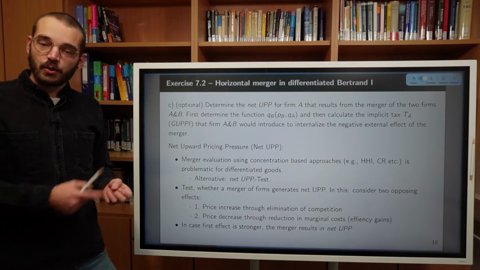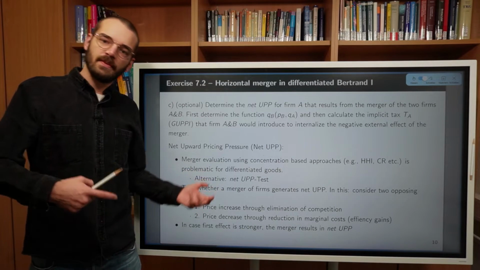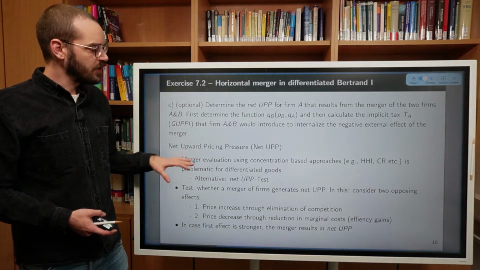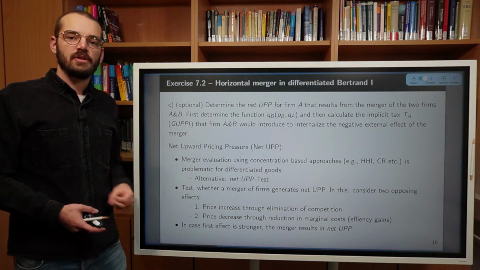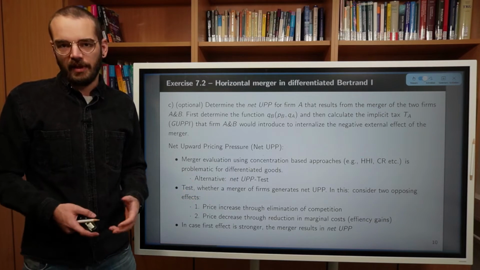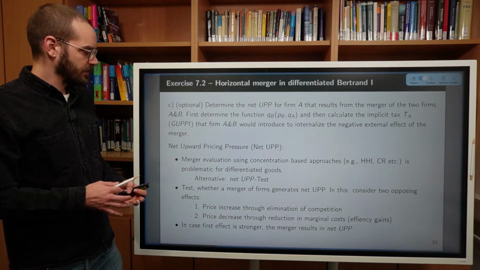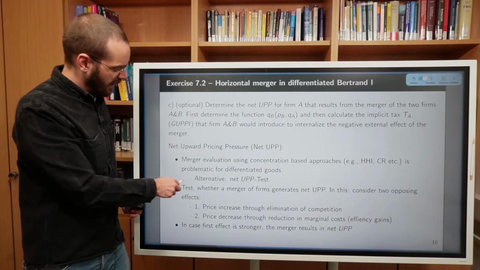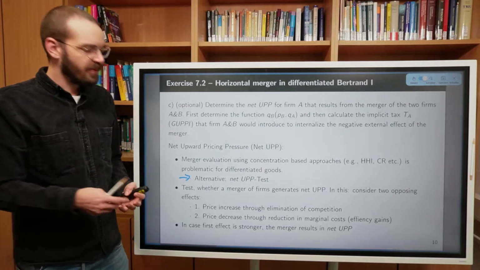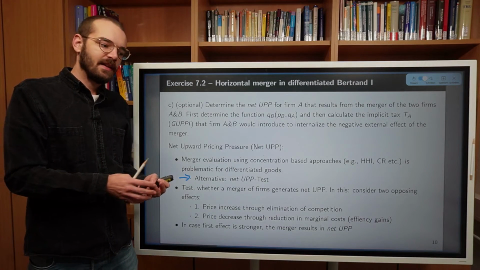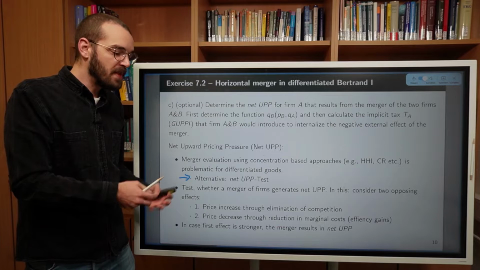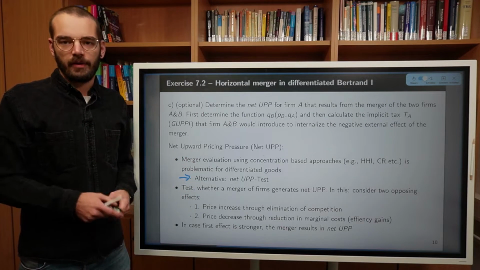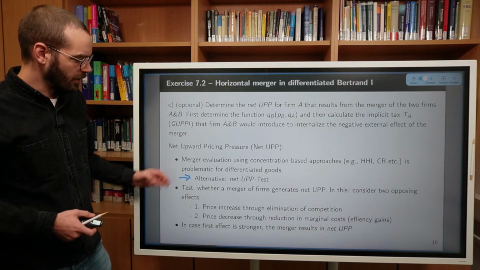This, however, as we have discussed in the solutions in previous weeks, has some issues when it comes to the application to markets with, for example, differentiated goods. And the UPP is then one alternative measure that can help us making an assessment of the effects of the merger on competition.